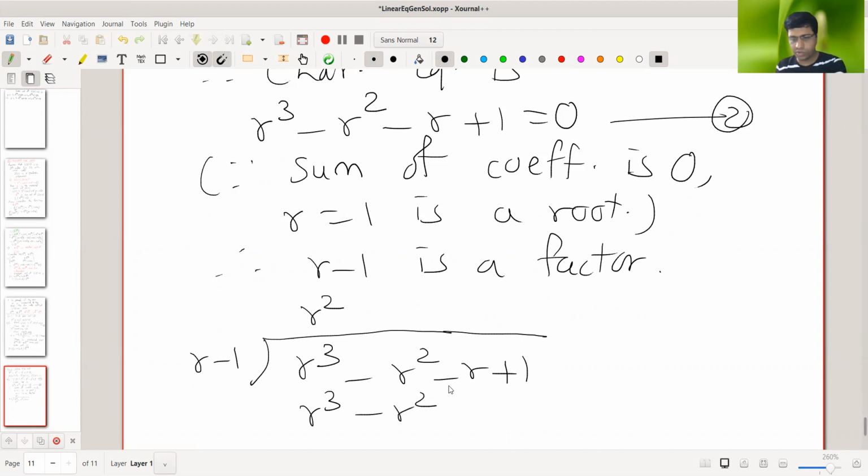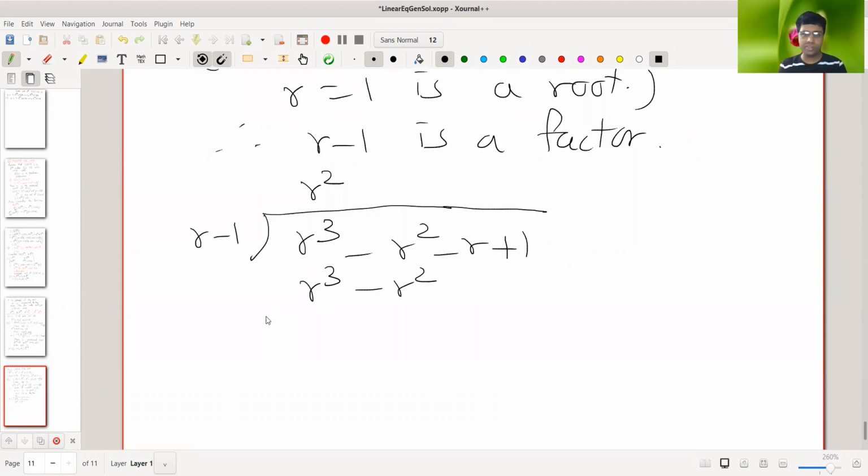And now we have to subtract. This is the usual division. So minus means these signs change. This plus will become minus, minus will become plus. Like that. So this is 0.